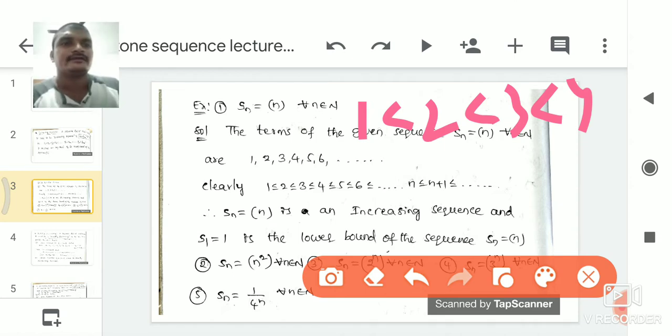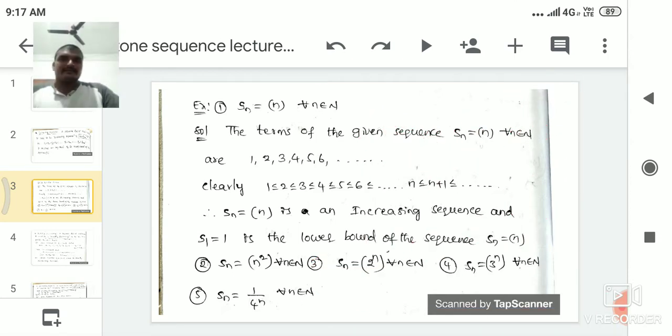Sorry, here Sn is equal to n is an increasing sequence, and we say that it is also a strictly increasing sequence. So every increasing sequence need not be strictly increasing.